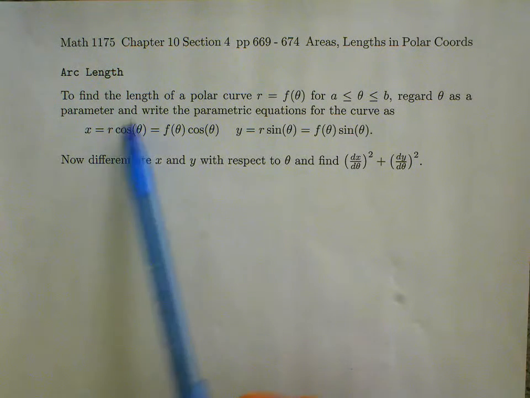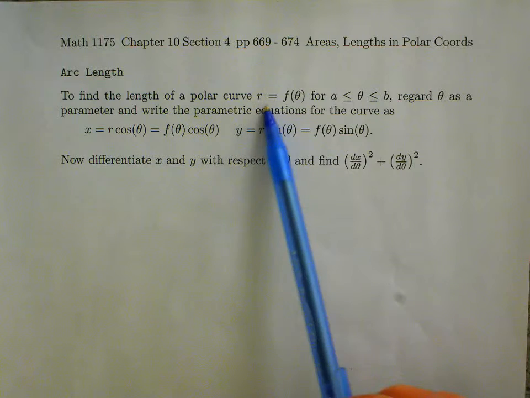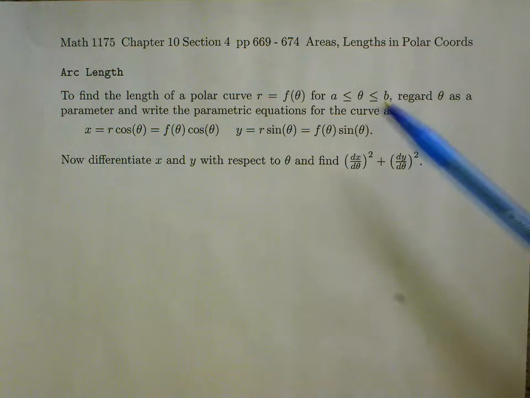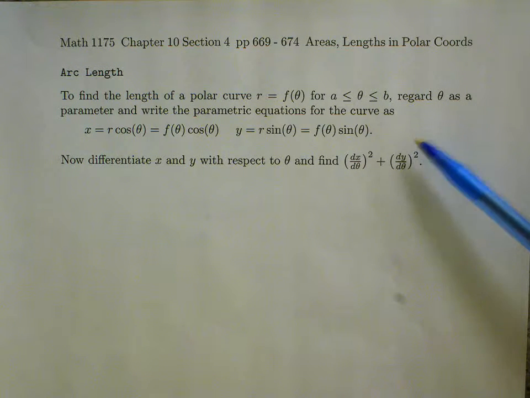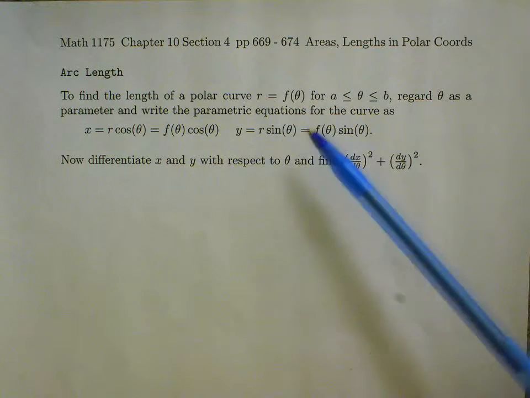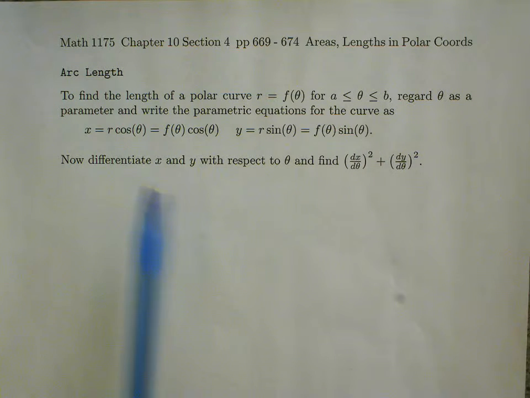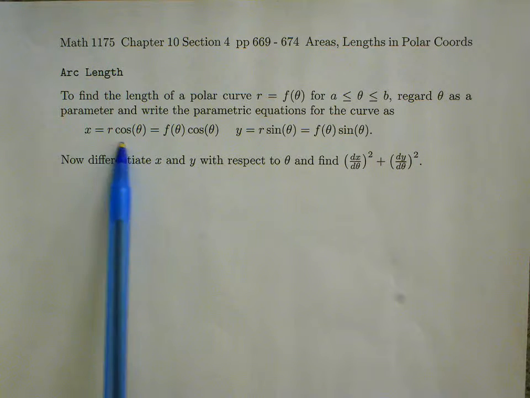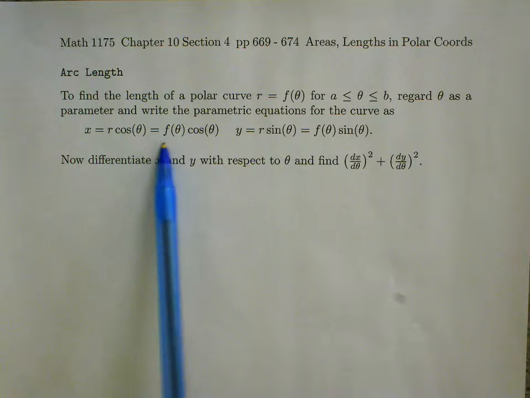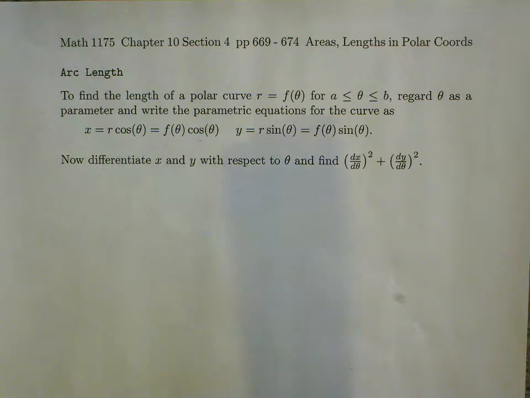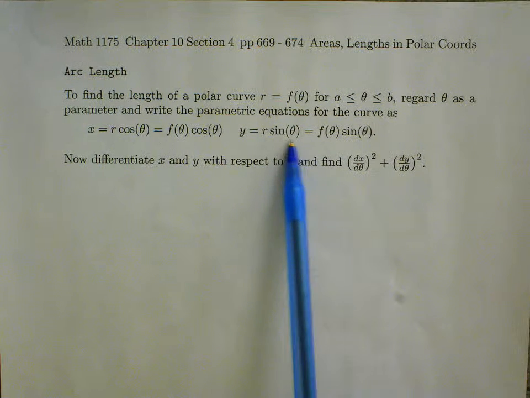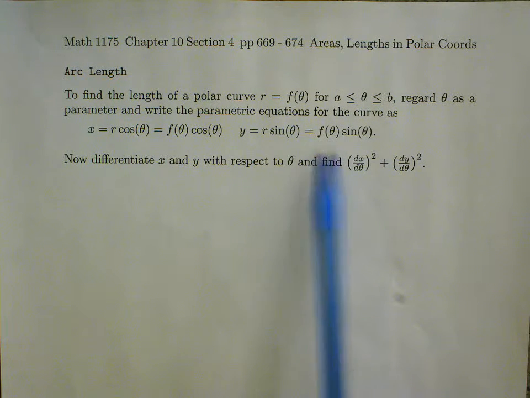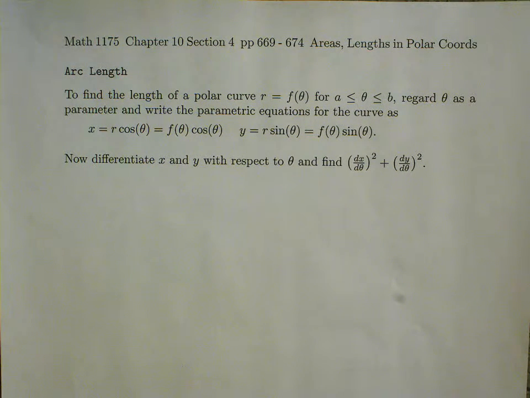To find the length of a polar curve, r equals f of theta, for values of theta between a and b, we regard theta as a parameter and write the parametric equations for the curve the way that we have been. X equals r cosine of theta equals f of theta times cosine of theta, and y equals r sine of theta, or f of theta times sine of theta.